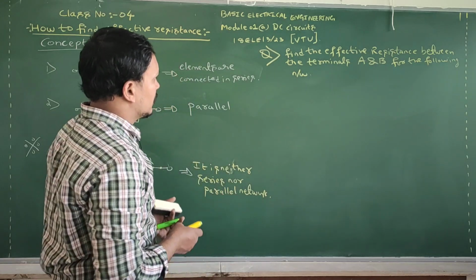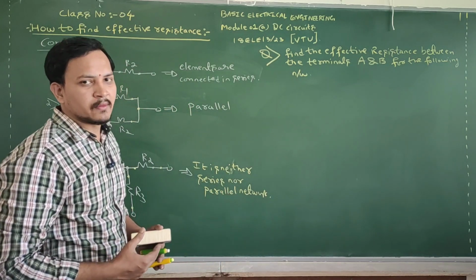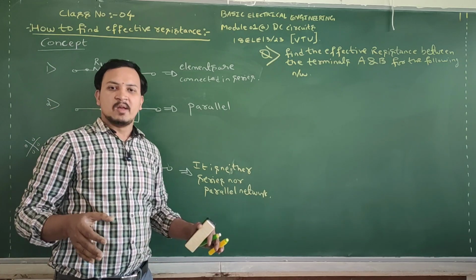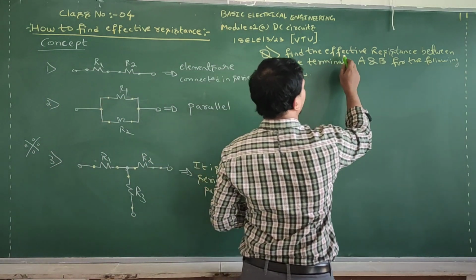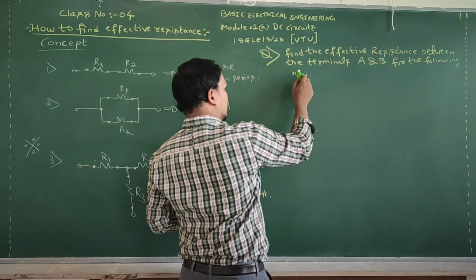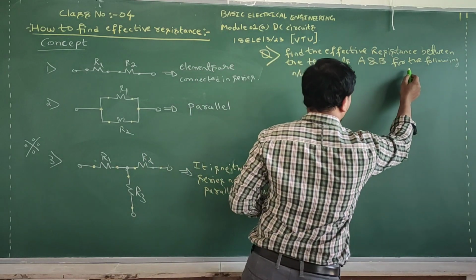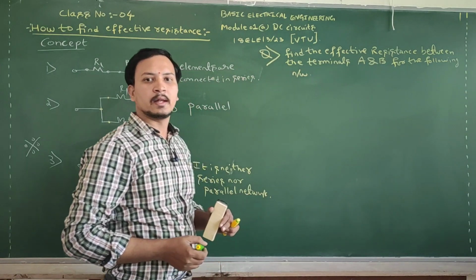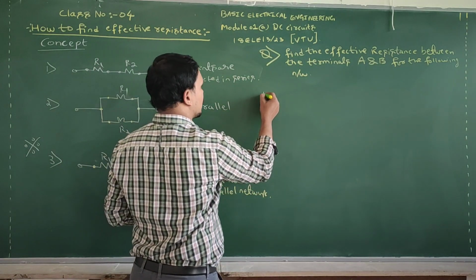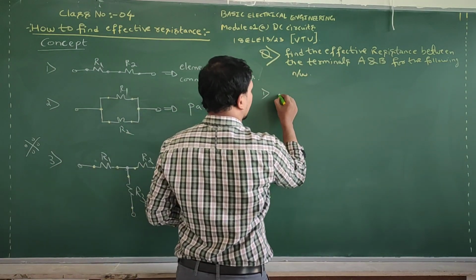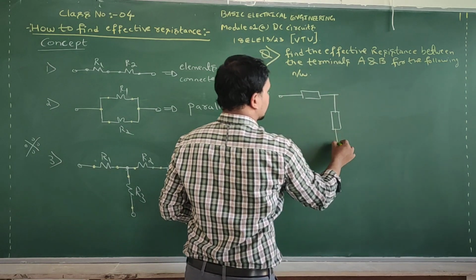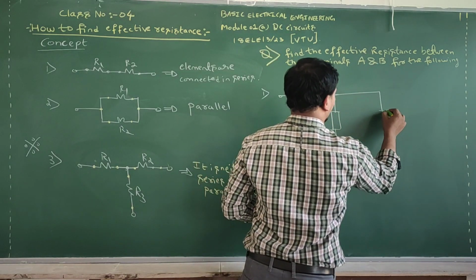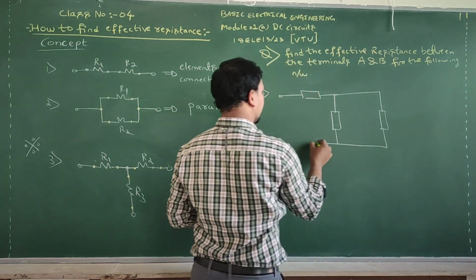Got it? So we can solve questions on that so that you will become very familiar. Look at your question: find the effective resistance between the terminals A and B for the following networks. Let's solve the first question. I am writing the resistors on the board; you can take any values.